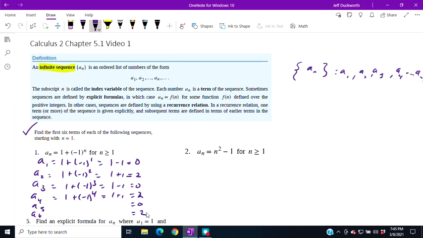So not too bad. The second one, I'll start with a1. It does allow us to do, in both of these cases, n greater than or equal to 1.